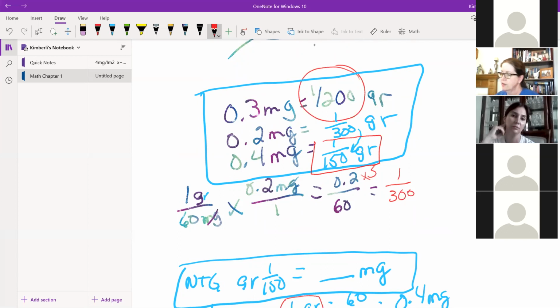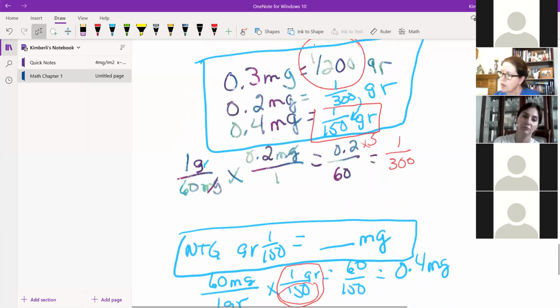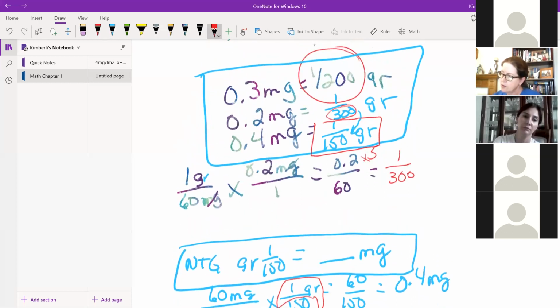I know we're looking at these numbers going, why don't these numbers get bigger? When you divide by a large number, you have a small outcome. So the higher this number here, the smaller this number is. And the smaller this number is, the higher this number is.